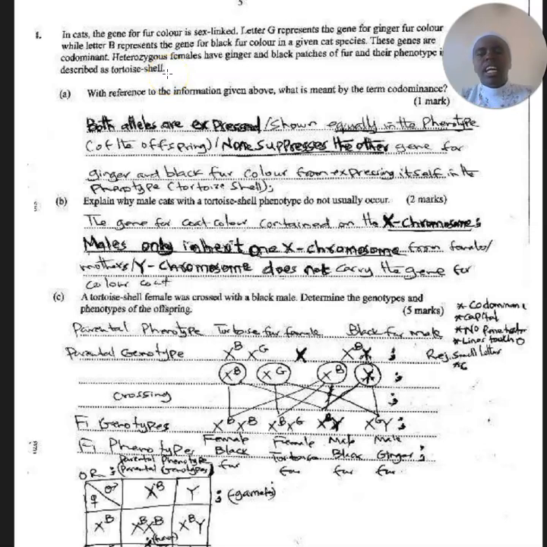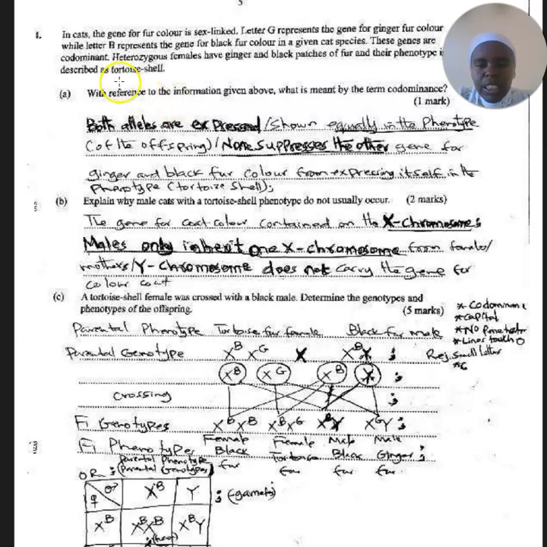Codominant means that none of them is completely dominant over the other. That means if they are present, both of them will be expressed uniformly. Then you are told heterozygous female, that means she has ginger and this other color, which is black.